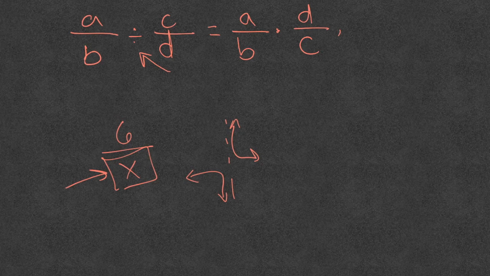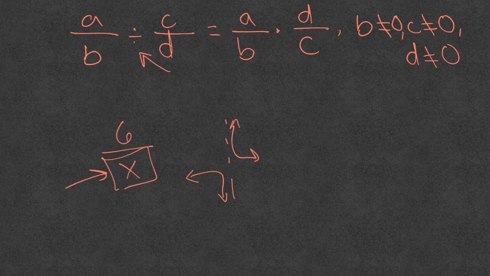So your solution can't have a value of 0, because that would make it not exist and not possible. That's why it says B can't equal 0, C can't equal 0, and D can't equal 0. When you get into the harder problems, you need to see what makes those values 0. Therefore, it can't equal it.